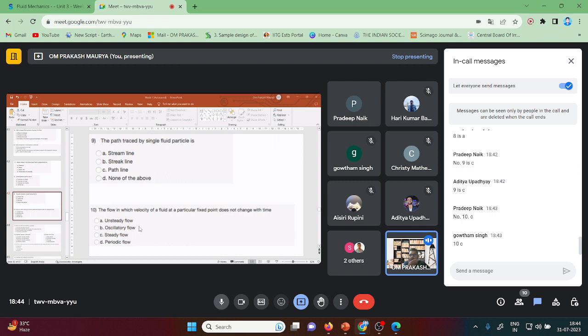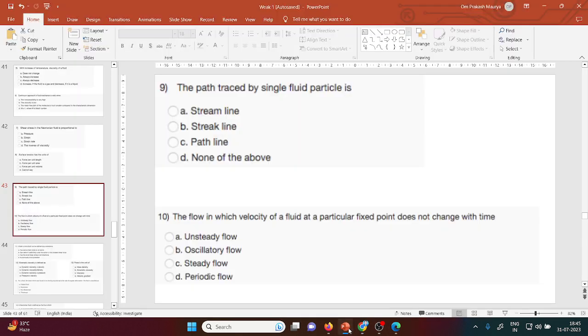And I think you all know about the unsteady flow and oscillatory flow. If you do not know, please go through the lectures. Unsteady flow is just the vice versa of steady flow, that is, the fluid property changes at a fixed point with time. Now moving on to the next.